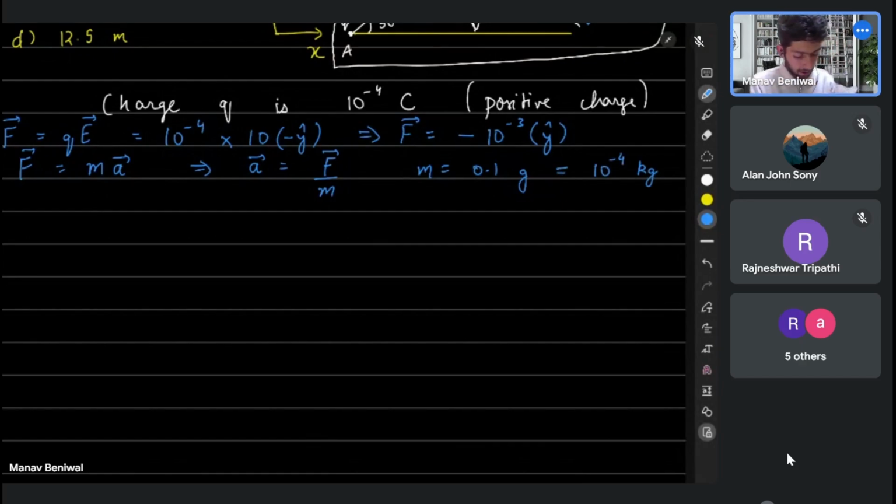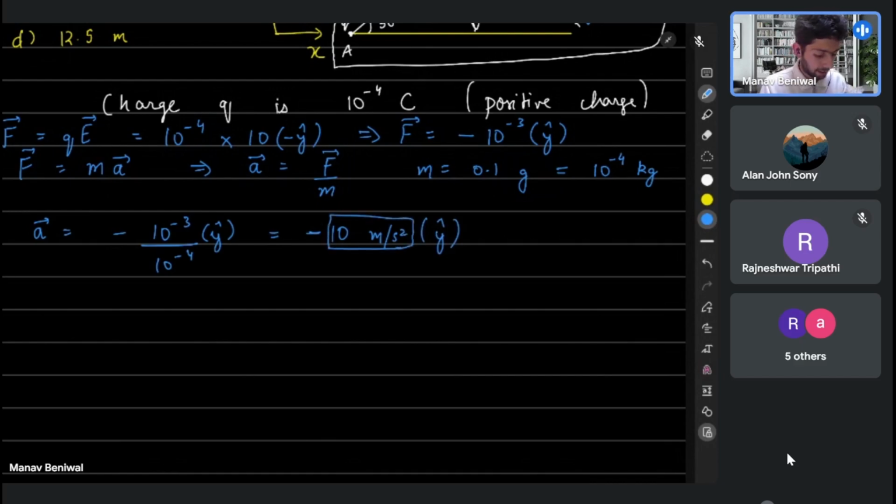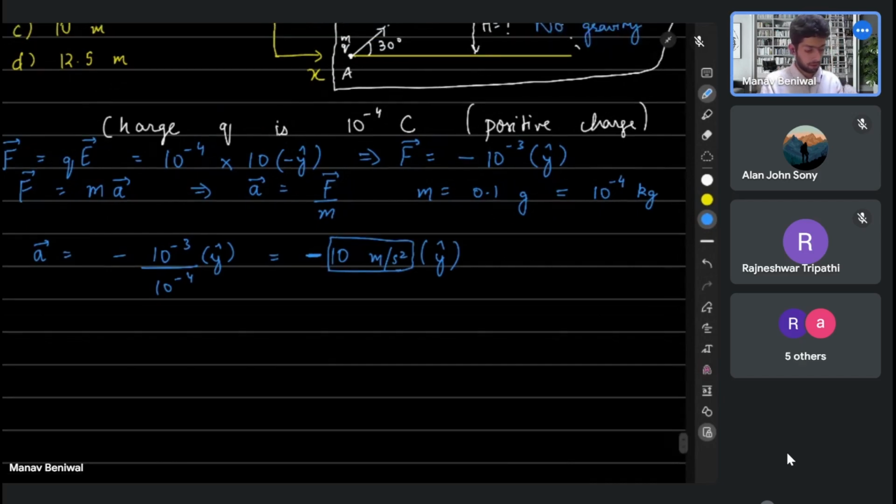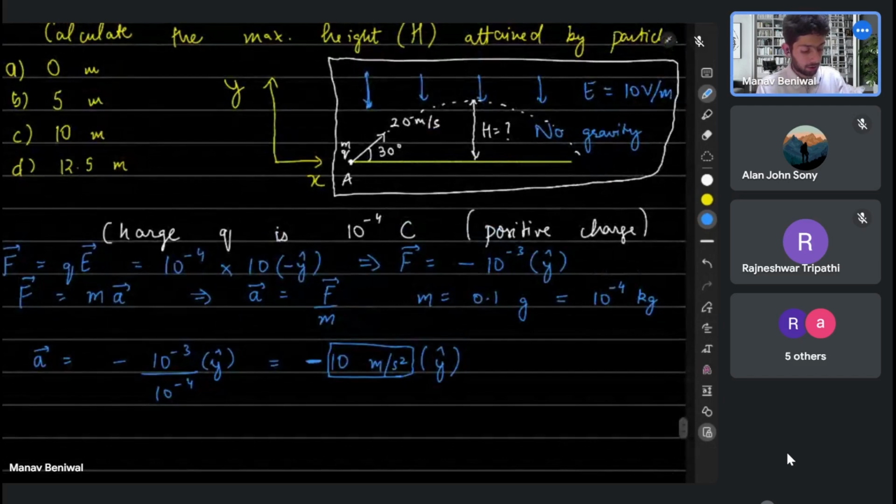So the acceleration is minus 10 to the power minus 3 y cap divided by 10 to the power minus 4, which is simply minus 10 meters per second square y cap. So we have an acceleration of 10 meters per second square acting in the negative y direction, downwards. These blue arrows, which mark the electric field, also give us the direction of acceleration.